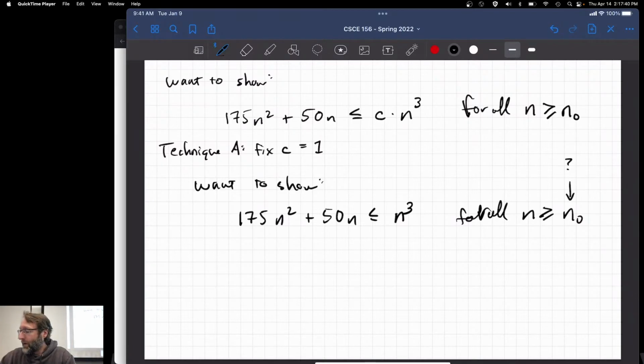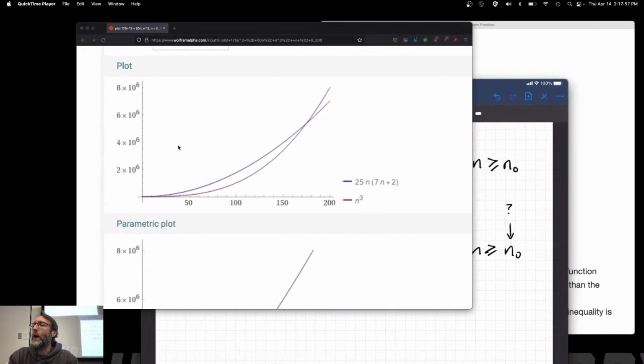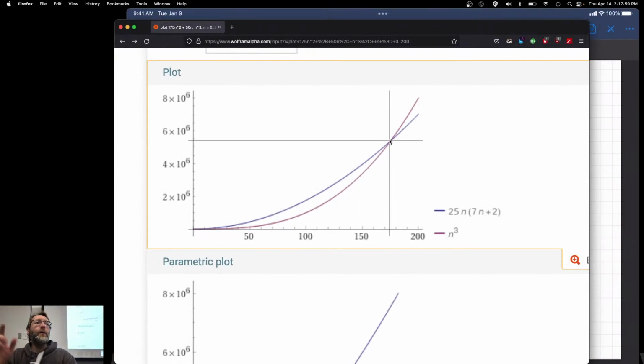Okay? Well, when does that equality hold? So what I'm going to do is I'm going to go ahead and transform this into an equality. Okay? Now, for what values of n is that true? Remember, we're trying to find that crossover point here. How do you know when two functions meet, when they intersect?